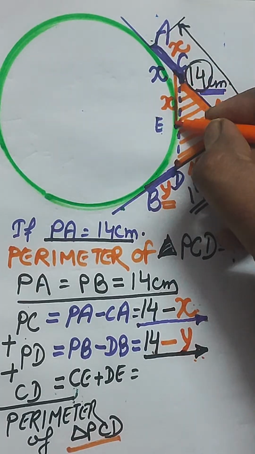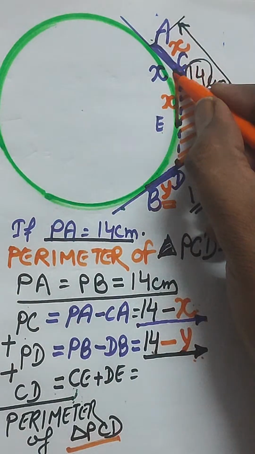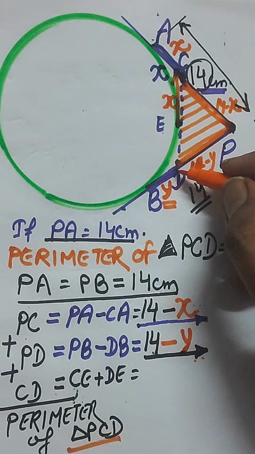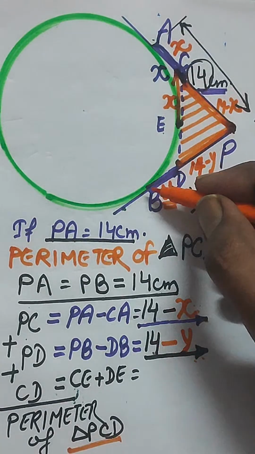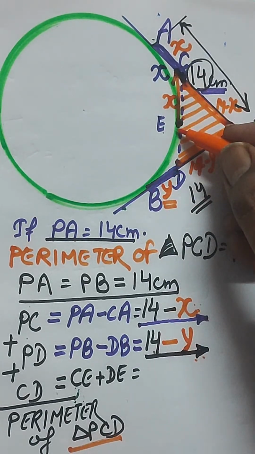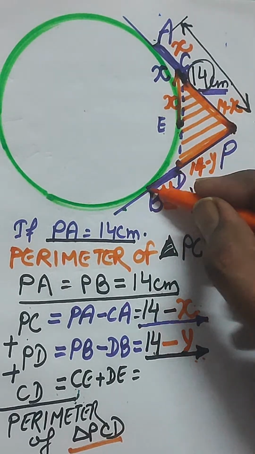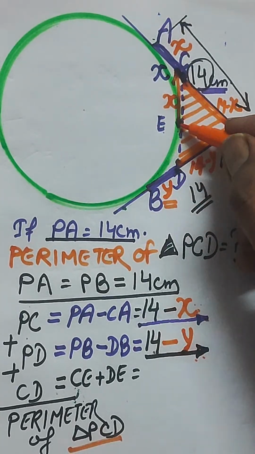Similarly, from the external point D, if two tangents are drawn, DB and DE, and if DB is y, what is the length of DE?